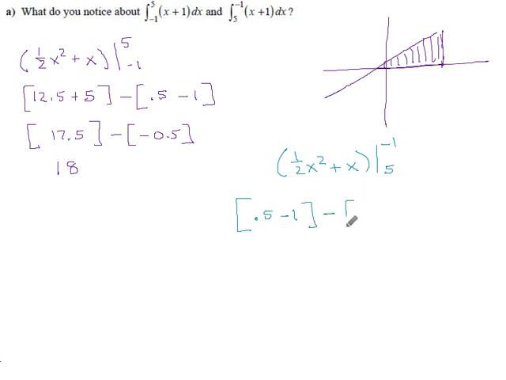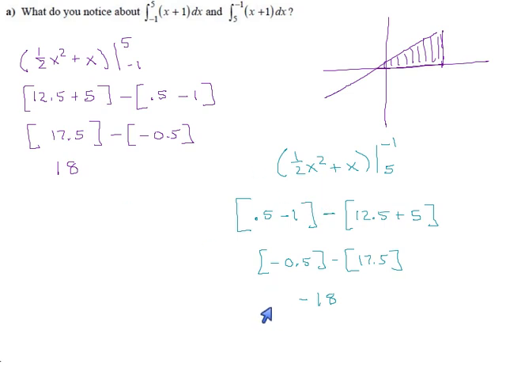From that we subtract, now we plug in the 5, half of 25 plus 5. We get -0.5 minus 17.5, and it comes out to -18.